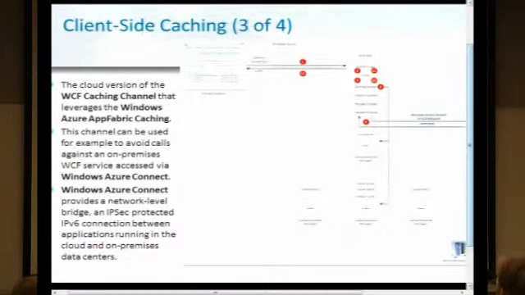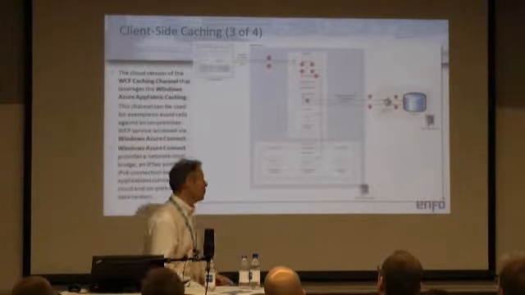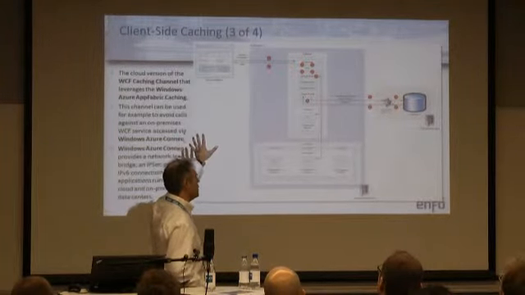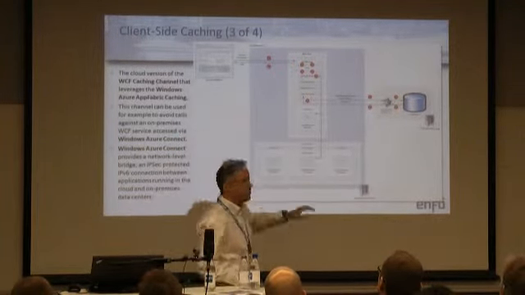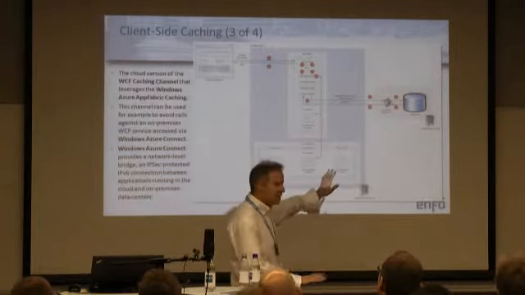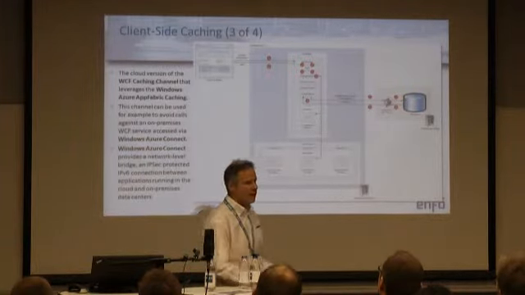So this allows an Azure role to access local resources like a file system, a line of business application, or a database. So for example, in this demo, I have an ASP.NET application which invokes a WCF service running on my laptop, and the WCF service, once again, is exactly the same, retrieving data from a database.